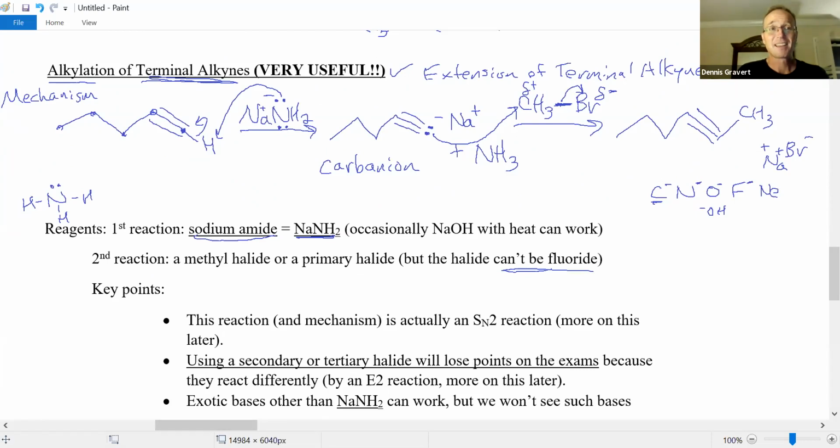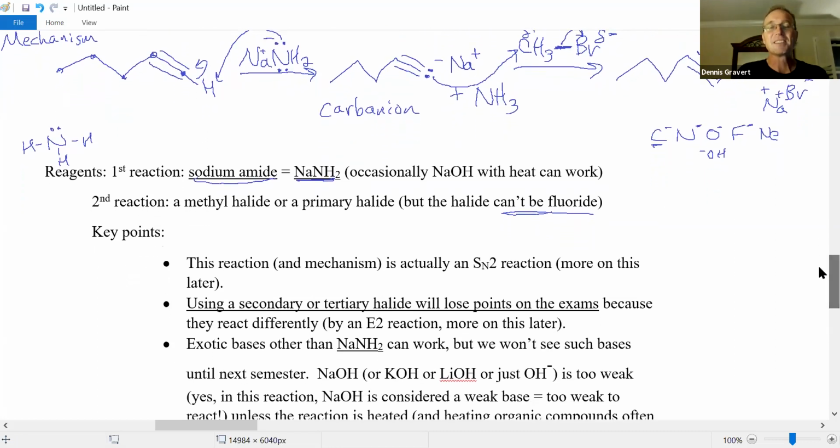Okay. All these details. There's a few more details here. We're not going to go over the mechanism today. Nope, I lied. We already went over the mechanism. I'm thinking about the next reaction. This mechanism is very common. This part right here, we have a lone pair bump out a halide. We'll learn that later in this unit. The name of this type of mechanism is called SN2.